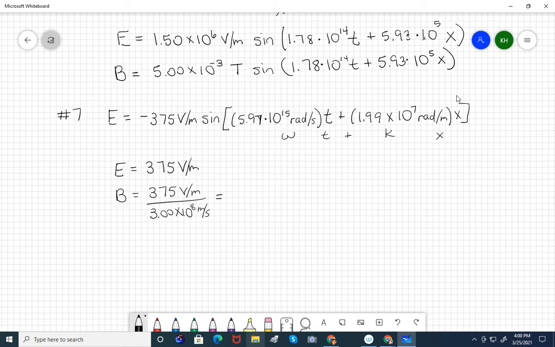And I get that the magnetic field is 1.25 times 10 to the negative 6 tesla. Or you could say 1.25 microtesla. So that's the answer to part A.